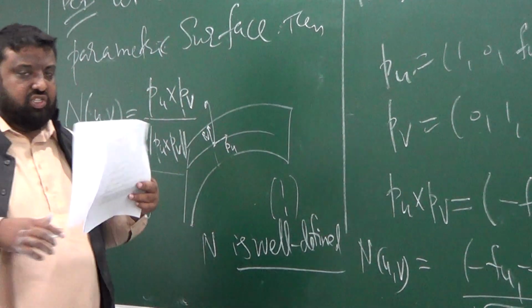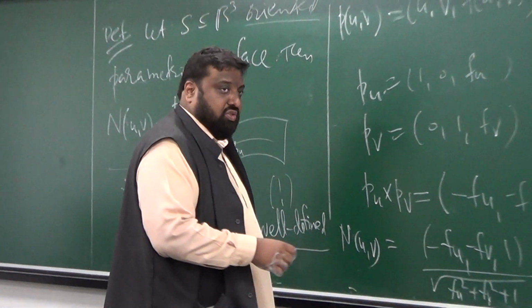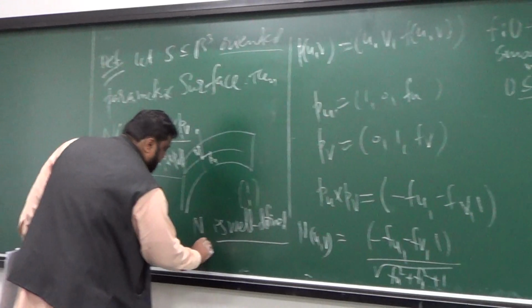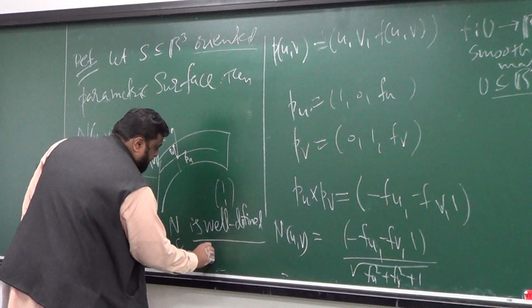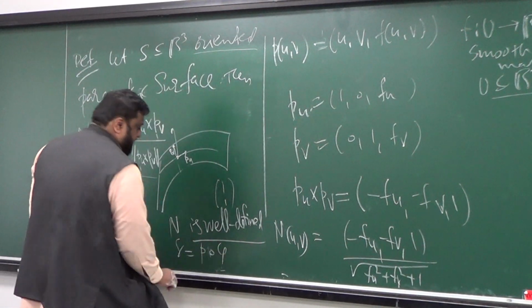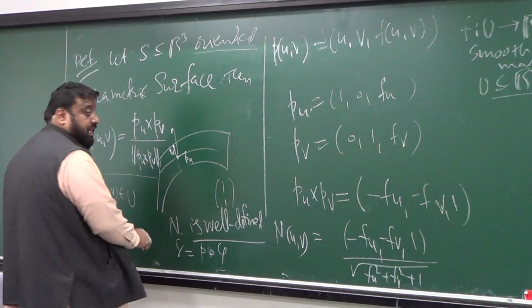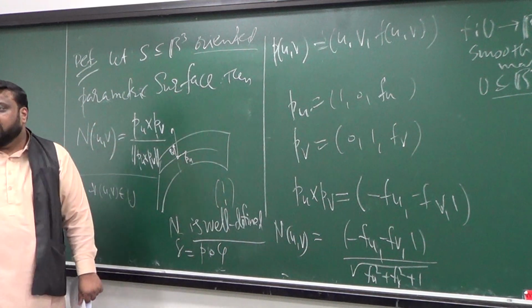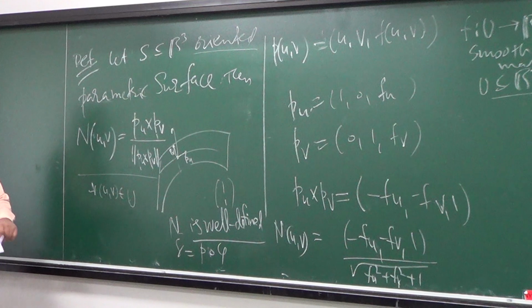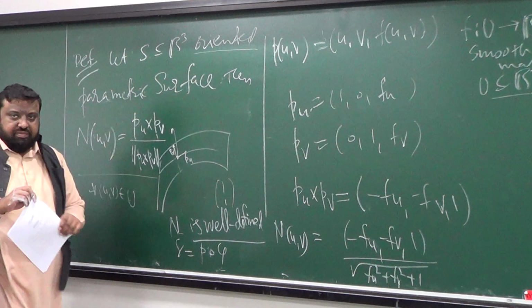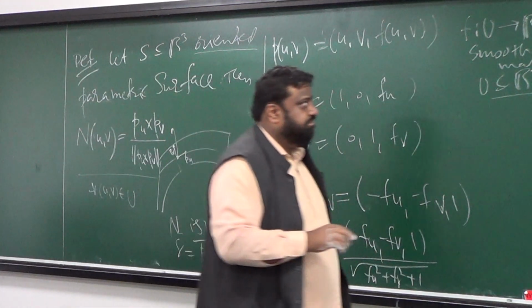Okay, so it's not going to change. So you can use another Q that is really P composed with phi and compute the normal vector for P, and you will see that it should be the same. And obviously phi is a diffeomorphism, so we discussed it in the last class. Alright, normal vector.